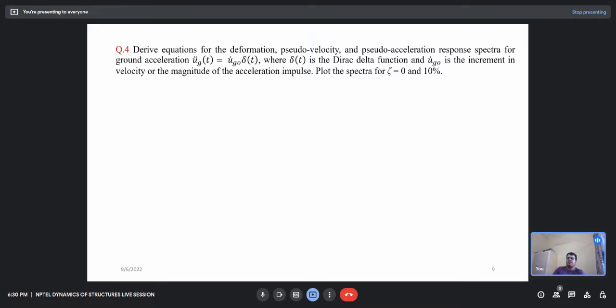We have to plot the response spectra for deformation, velocity and acceleration for damping ratio xi equal to 0 and xi equal to 10%.